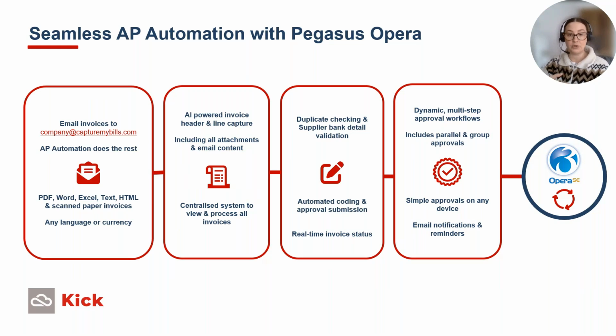That could be based on any supply codes you're using, any cost centers or departments, the suppliers themselves, and also value thresholds to meet your organization's approval control needs. And then once invoices have been approved, the invoice record is automatically created in the purchase ledger in Opera for you. So streamlining that end-to-end process with an easy to access link back to a copy of the original PDF of the invoice within AP automation should you need it.